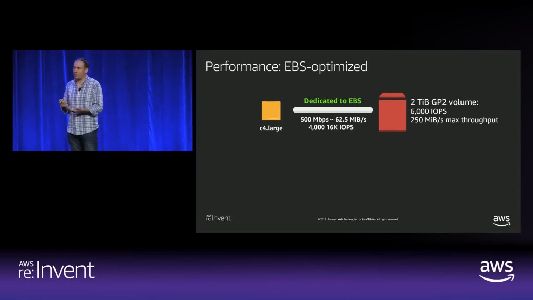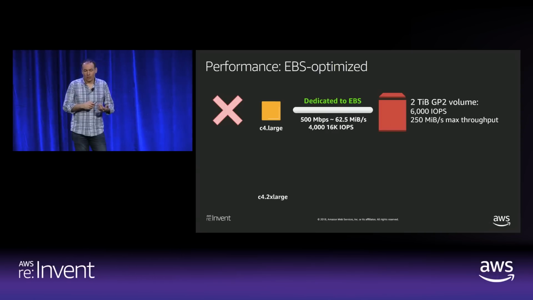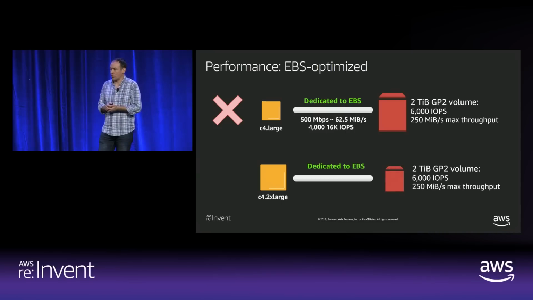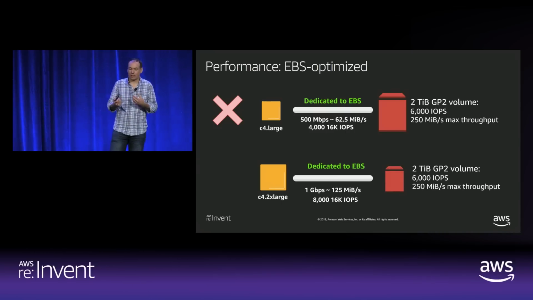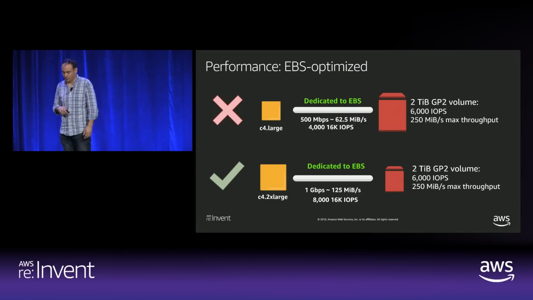And so your volume is bigger than that EBS throughput allows. So you're not going to get that full performance. So what you'll want to do is go to a bigger instance size. In this case, I'm doing an IOPS workload. So we'll go up to a C4 2x large, which will give us 8,000 IOPS. That same 6,000 IOPS volume, we'll be able to get the full performance out of it.